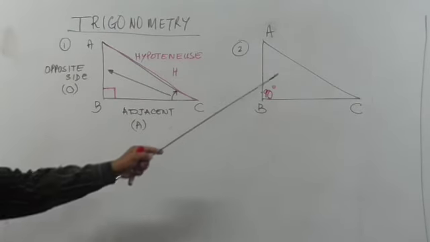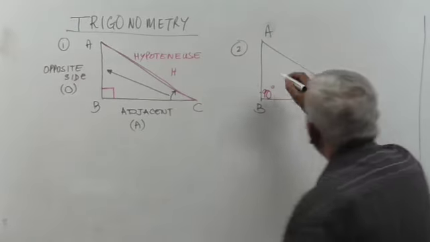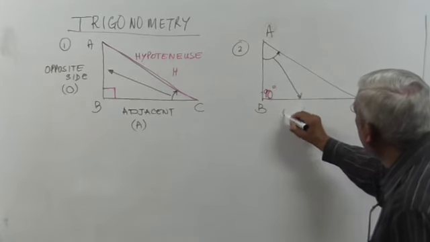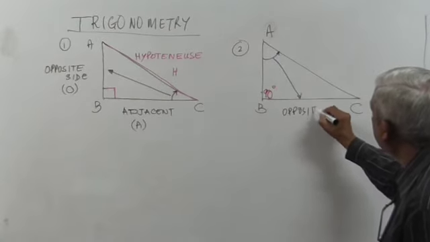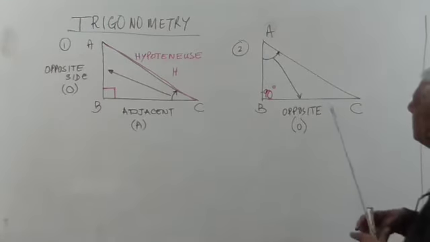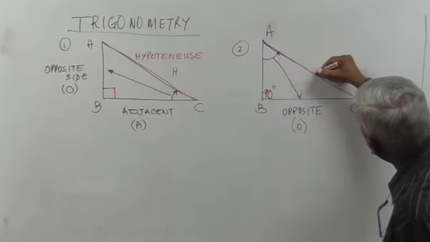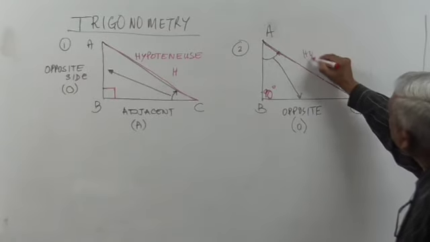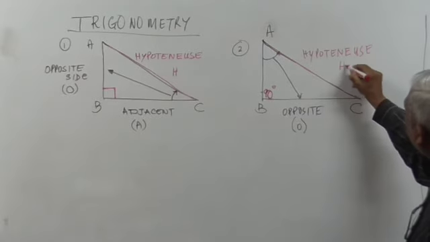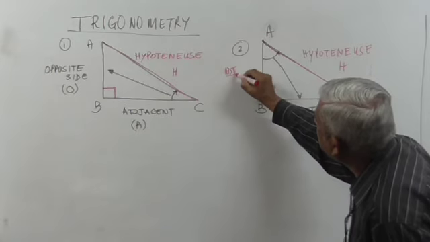Now, let's take the same triangle, write it there. But this time we're going to look from angle A. So when you're looking from angle A, then that is the opposite side, which we shall call O. And this is your hypotenuse, which we shall call H, and this will now be the adjacent side.